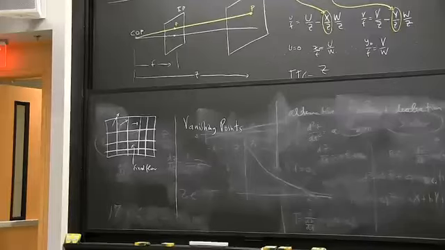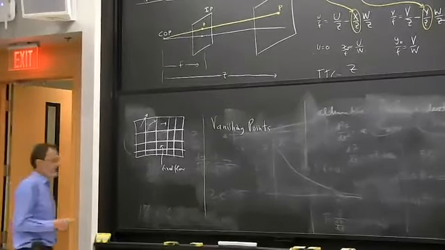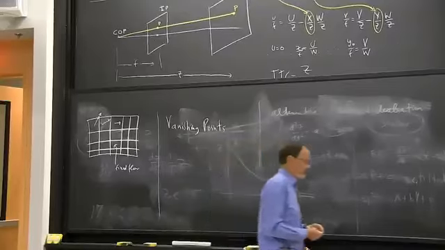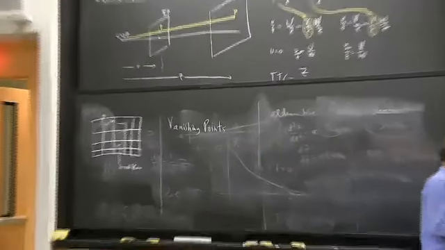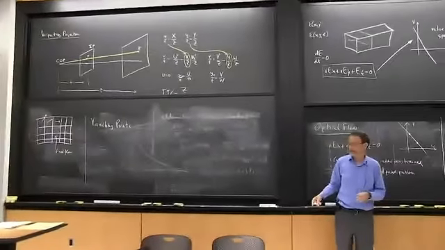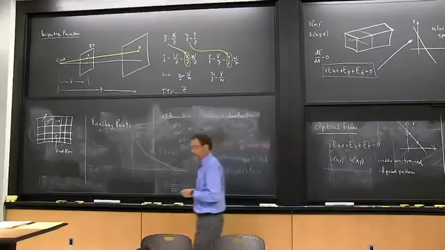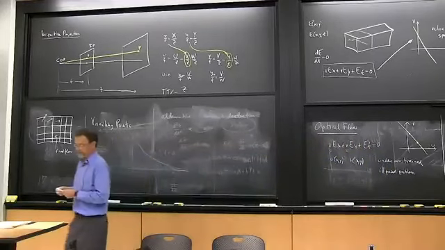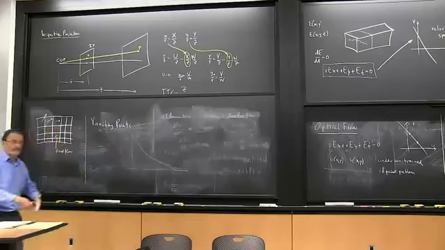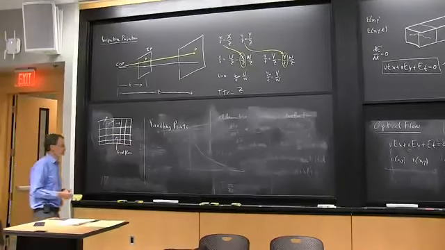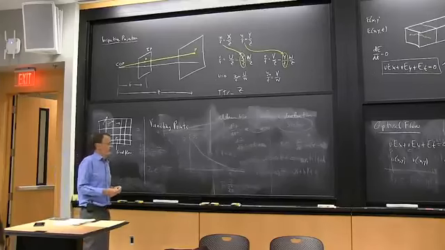And just to make that sound less mysterious, man-made objects often have planar surfaces, and they often have right angles between their planar surfaces, unless you go over to Stata. And so when we look at images, we're going to find a lot of straight edges, and often a lot of them are parallel.